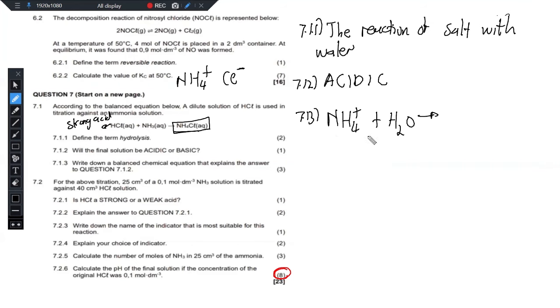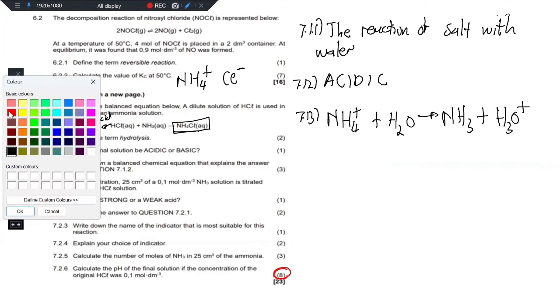If it acts as an acid, it will donate its hydrogen atom to become ammonia. The hydrogen that was donated to H2O will make it H3O plus. According to Arrhenius theory, an acid is a substance that produces hydronium ions when reacted with water.